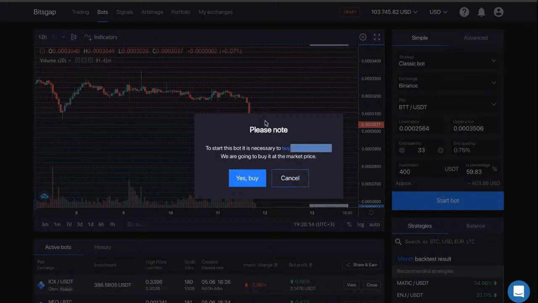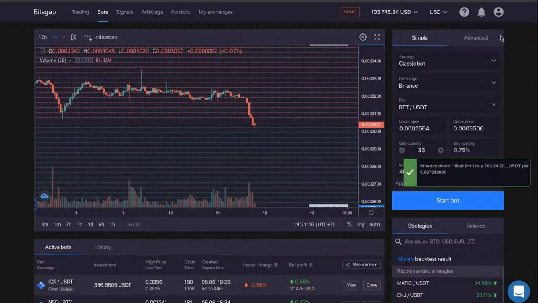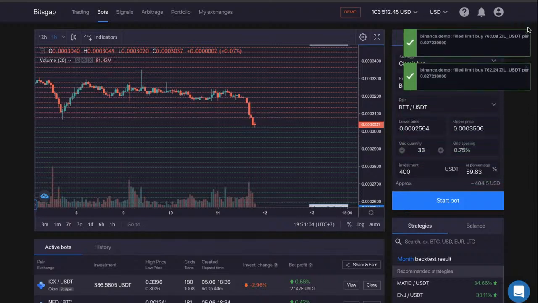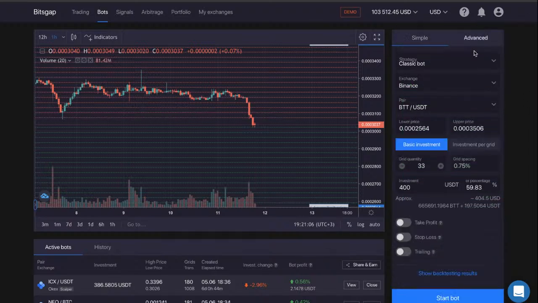All right. So the question here is, where can I see the information regarding the investment allocation? By clicking on the advanced section, you see the difference here.